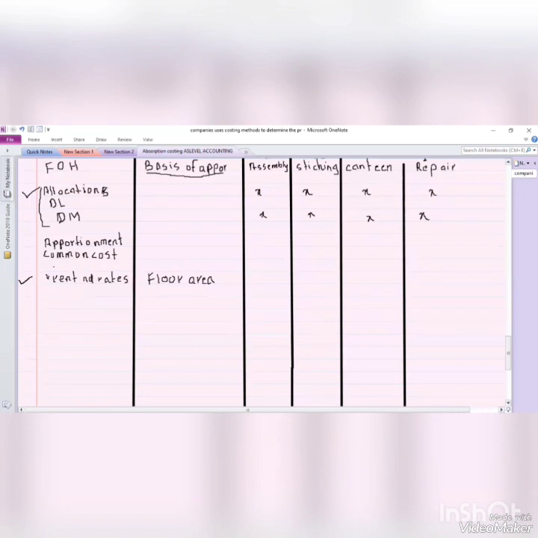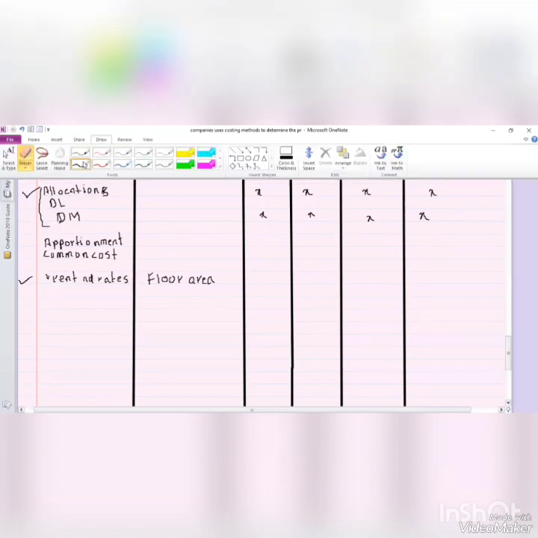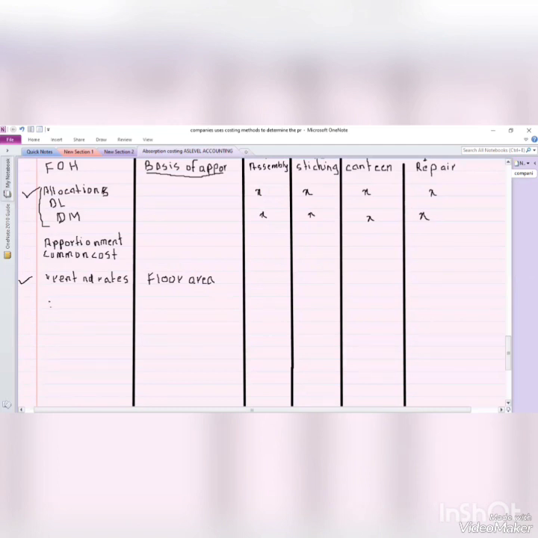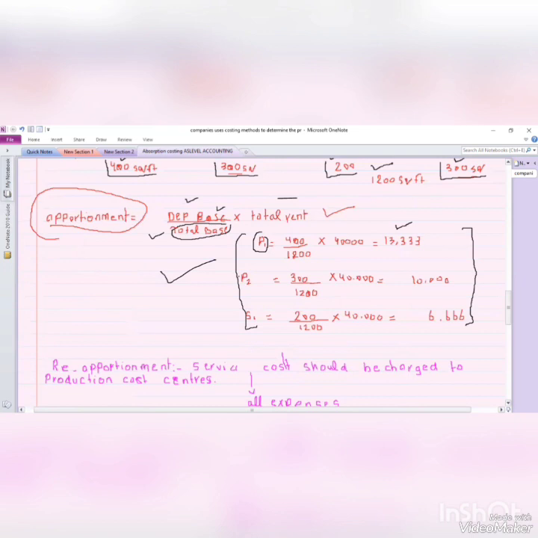The same calculation we can do for all the fixed overheads like heat and light. The heat and light fixed overhead cost would be given to you in the exam, and we just follow this step again and again.